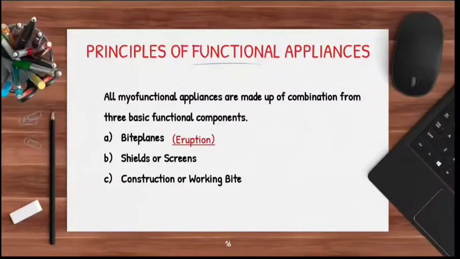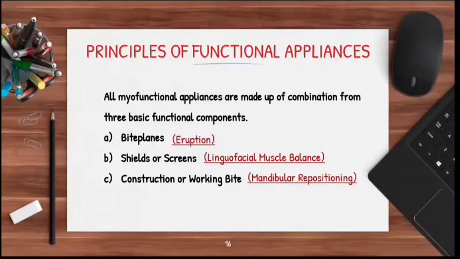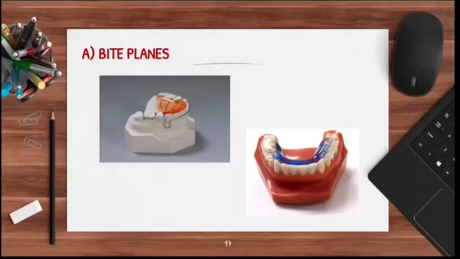Bite planes help in eruption, shields or screens help in linguofacial muscle balance, and construction or working bite helps in mandibular repositioning. Now coming to bite planes: they may be anterior or posterior, flat or inclined, and they are made up of acrylic resin. These produce low continuous forces which help in eruption of teeth.